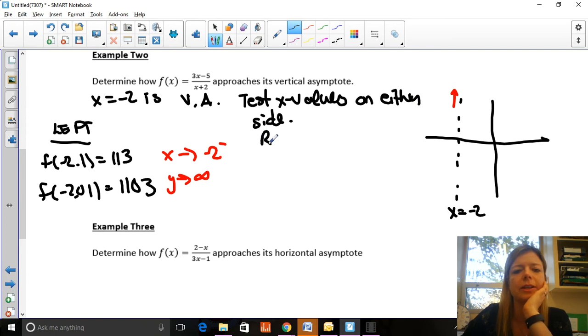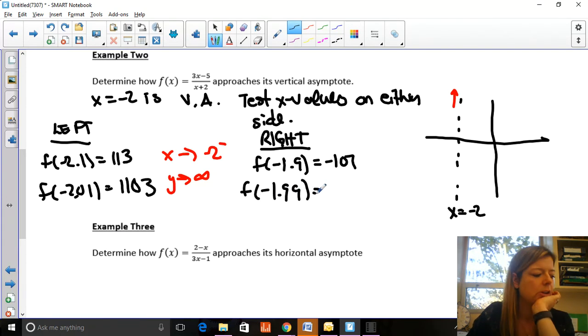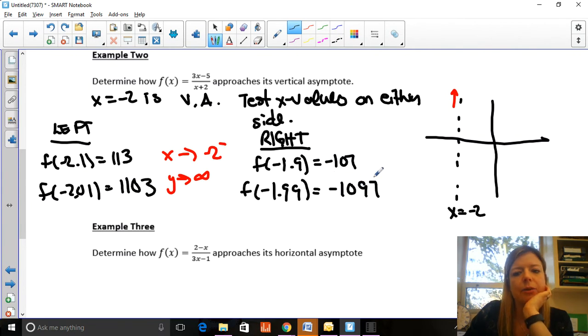Okay, now we can check the right side. So like f at -1.9, that gives us -107. And f at -1.99 gives me -1097. Now think about why I'm doing 2 points and not just one.